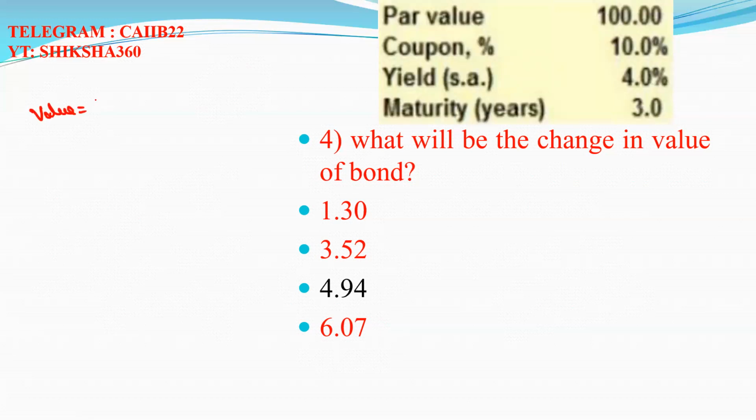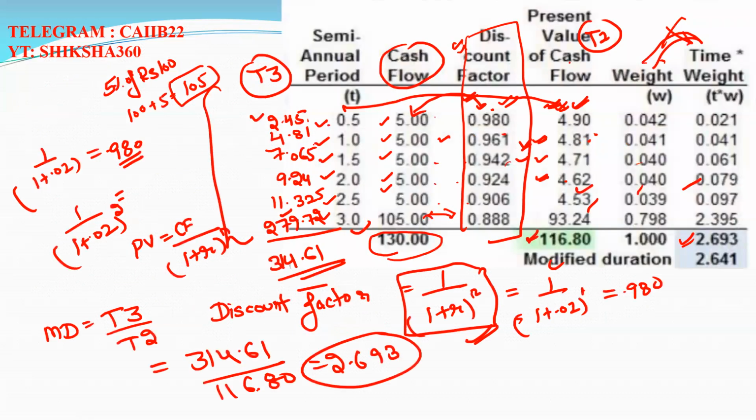We will calculate it like 5 upon (1 plus r) power n, which we have done in the previous question. I will check this one.